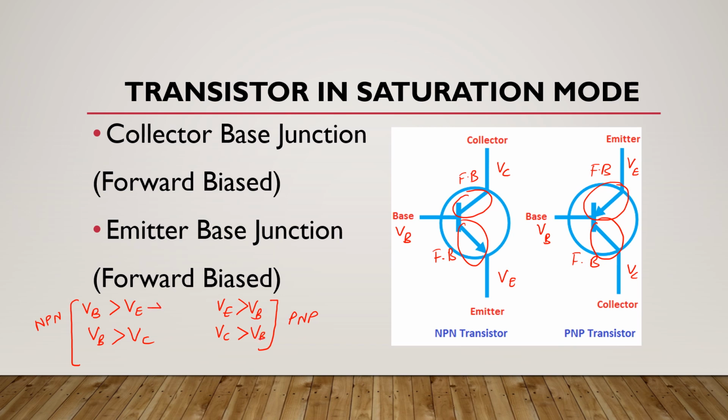So this is the condition of the forward biased emitter base junction and this is the condition of the forward biased collector base junction. Okay.